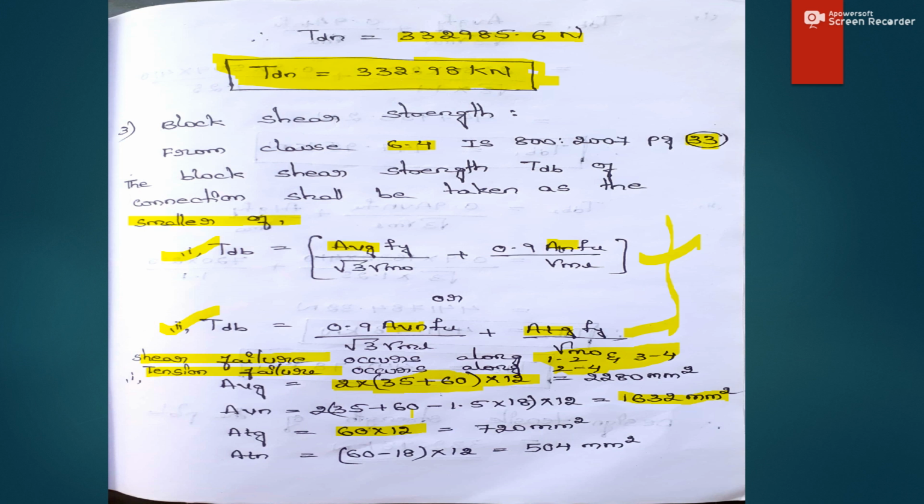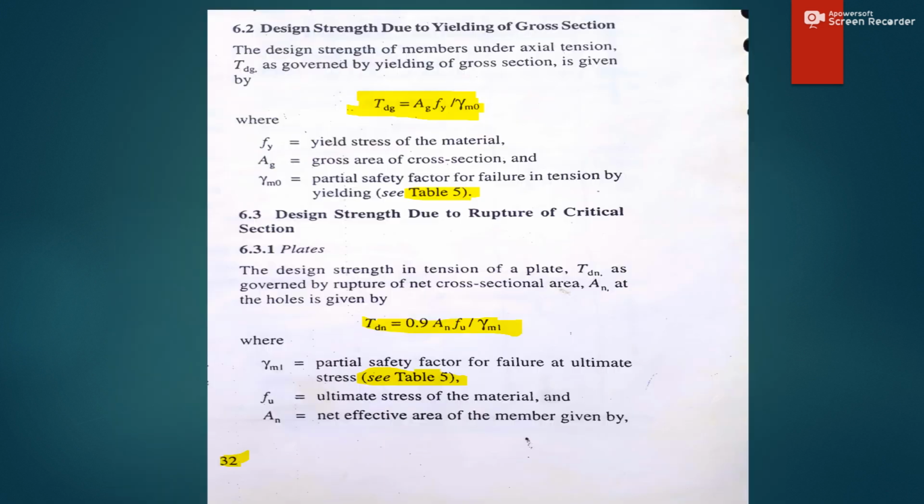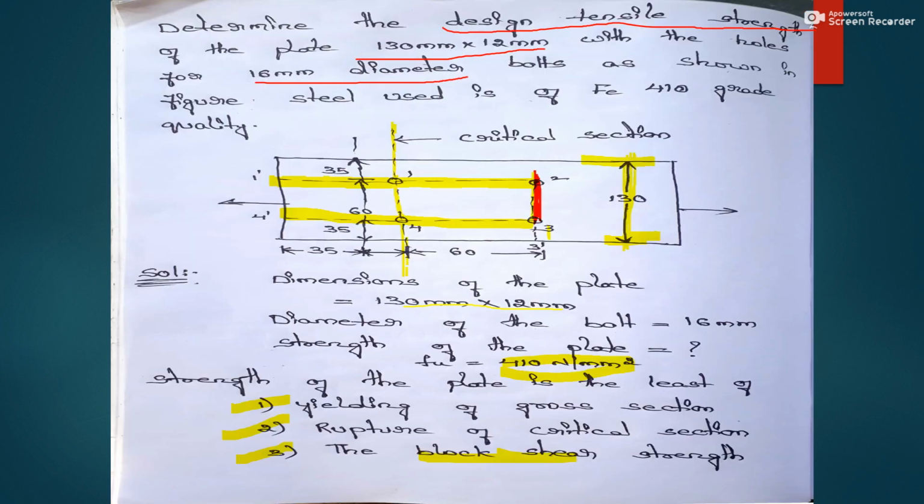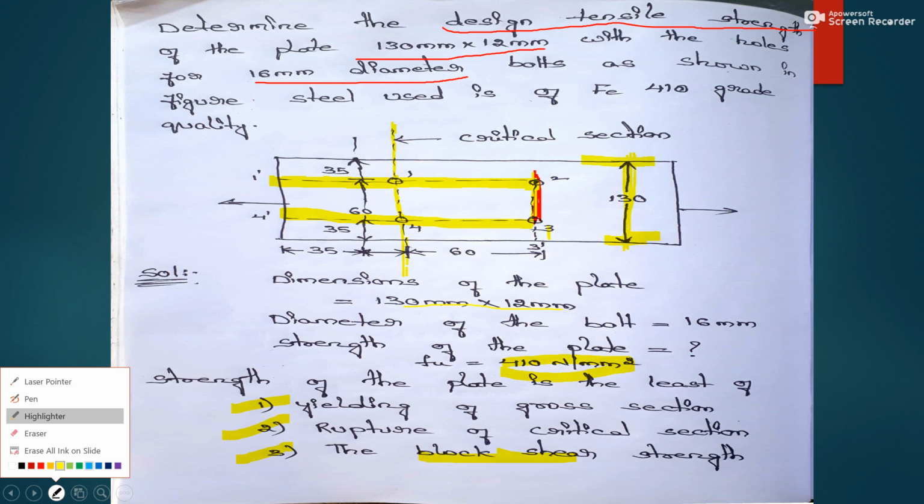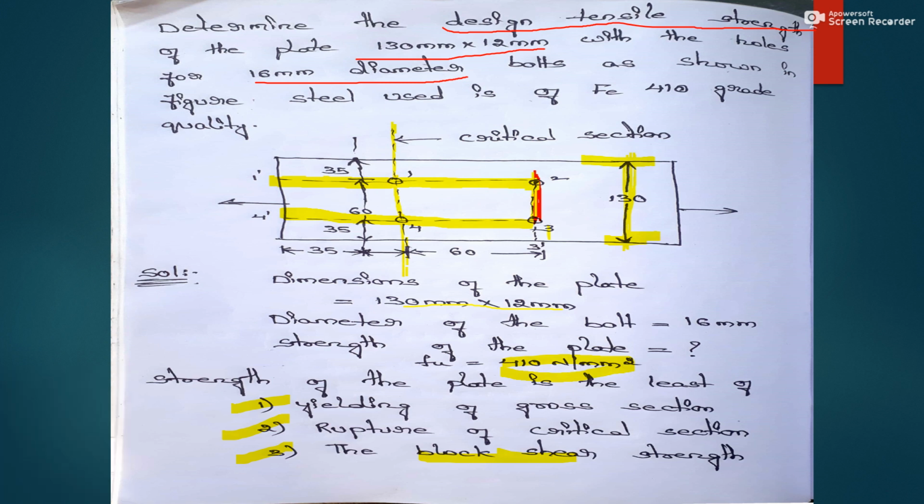And ATN, net area, we are talking about the net area. So how will it be the net area? So going back to the diagram. So half here, half here. So it is in between, right? So not a complete hole. It is half hole above and half hole below. So I'll draw here.